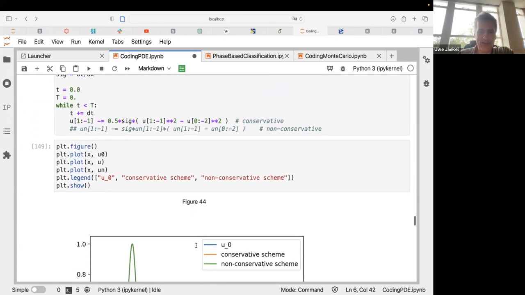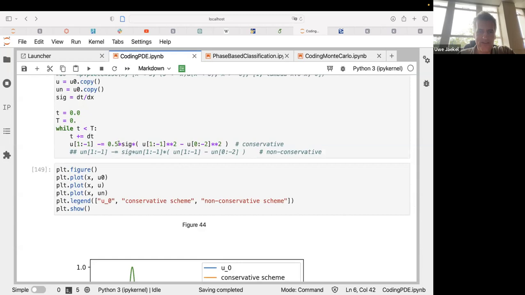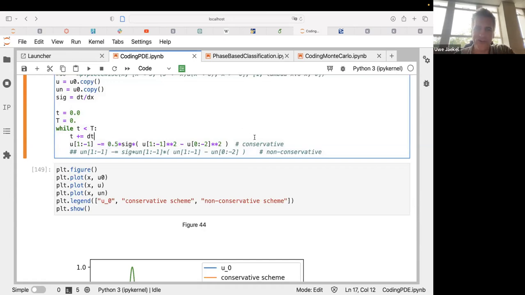So we just update with 0.5 times the finite difference of u squared. That's an approximation of the space derivative of u squared over 2.